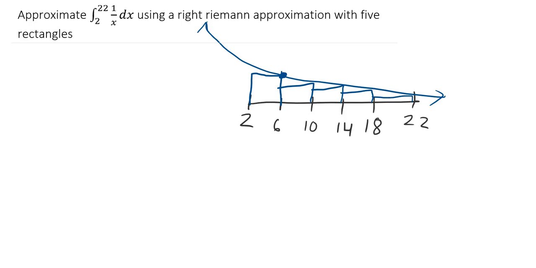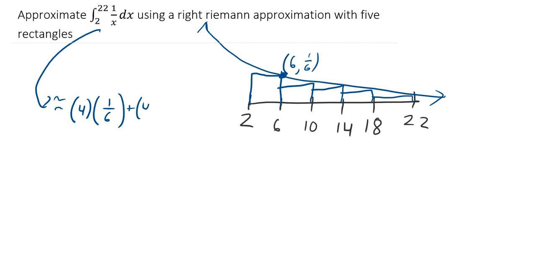One has a width of 4 and a height of 1 over 6, right? My first rectangle, this is the point 6, 1 over 6, so it has a height of 1 over 6. My next rectangle has a width of 4 and a height of 1 over 10. And for the sake of space, I'm just going to factor out that 4 from everything.